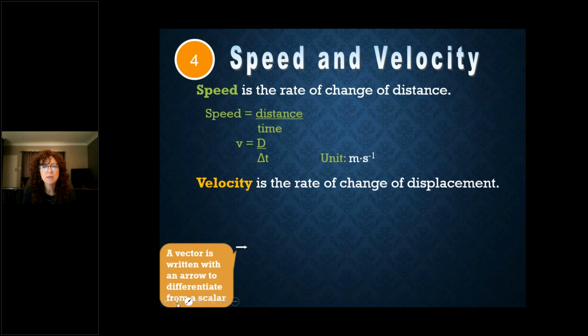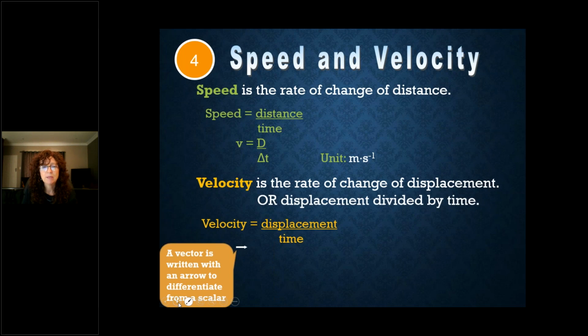So velocity is therefore the rate of change of displacement. Yes, we have the same formula, but it is displacement over time. Therefore we cannot use the same formula. That formula is also not on the formula sheet.